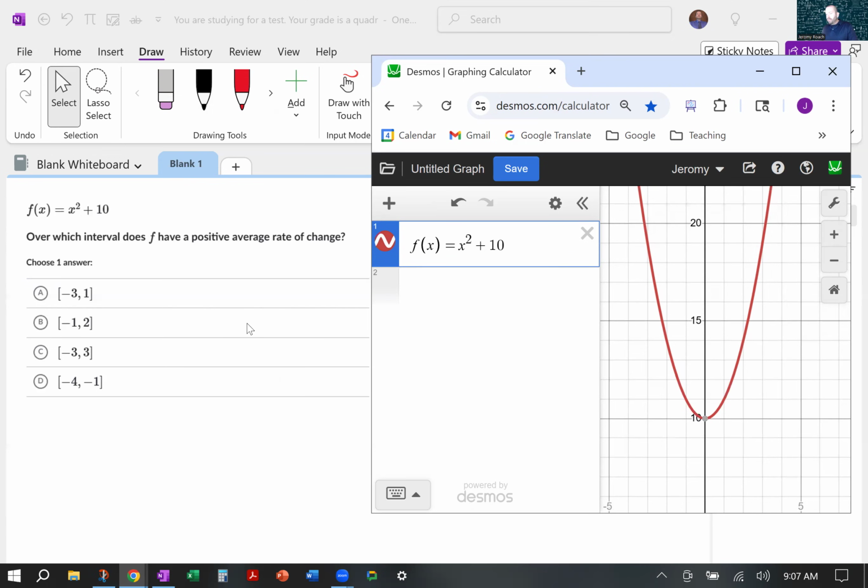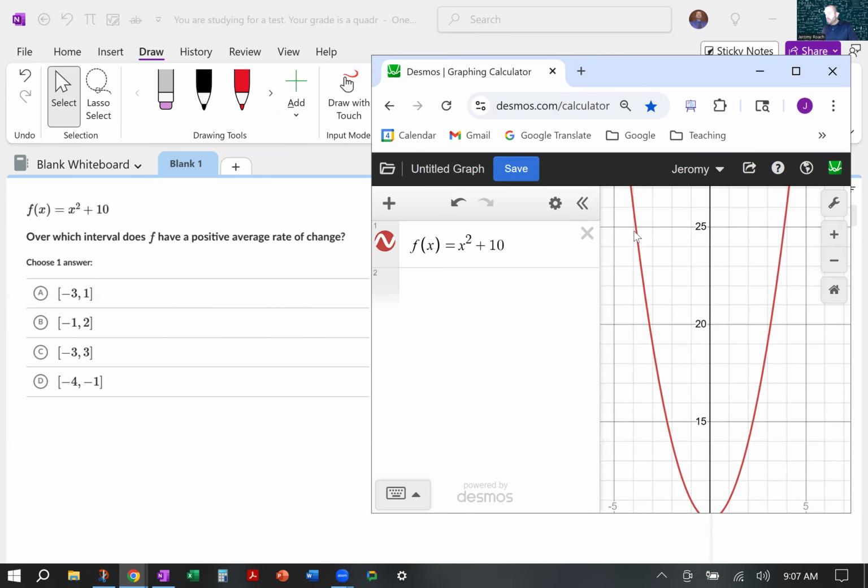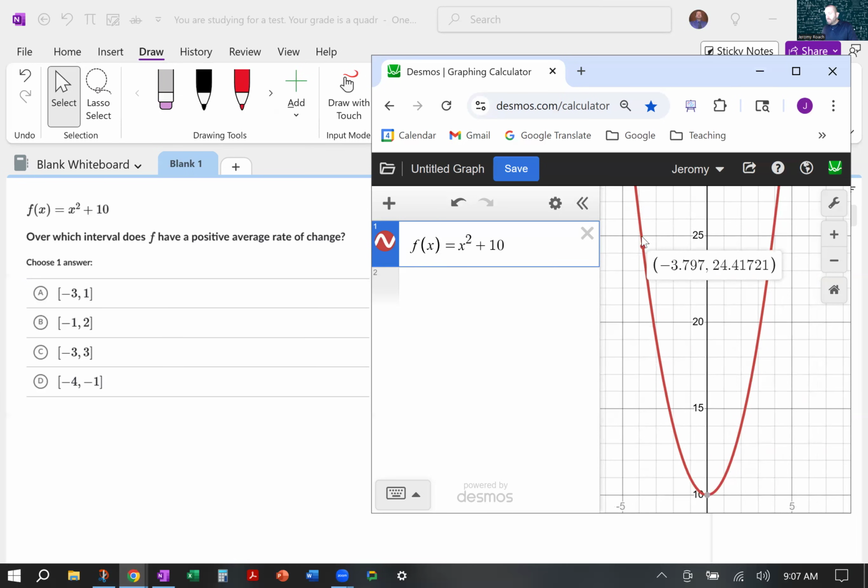So that's not positive. And then negative 4, 1 — let me zoom out just a little bit more. So here's negative 4, and if we go to negative 1, that's down to here.